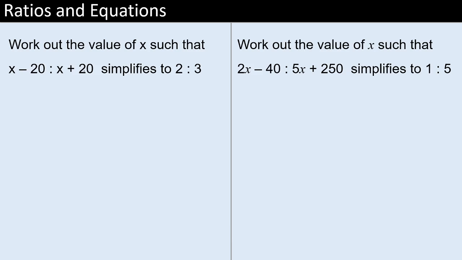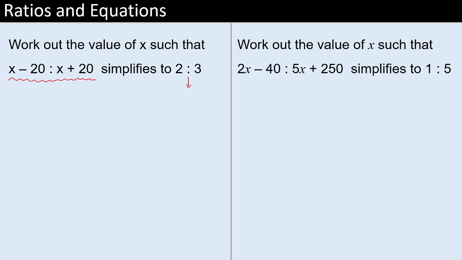Now, what we want to do with this is we want to make this ratio here an equality so that we can find out a value of x. Now, we said that we want this ratio to be in equal parts, and we can scale down or we can scale up.